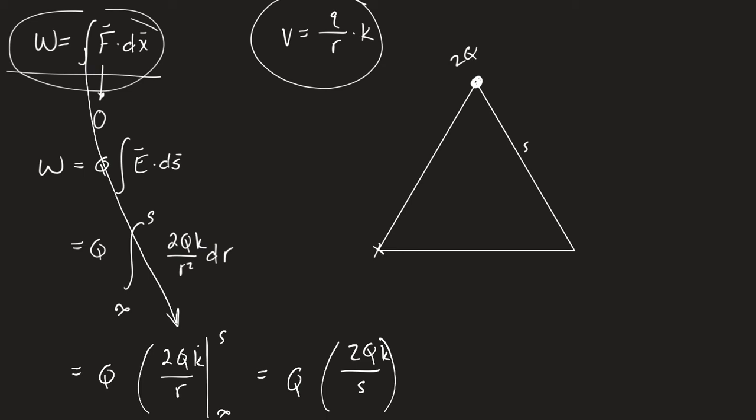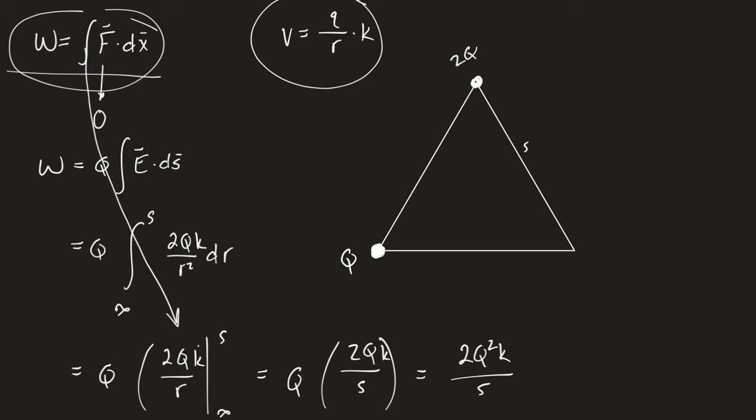So in bringing my charge here, I'll get 2q squared k over s is the amount of energy necessary to bring my 1q charge in from wherever it was to here. Now, energy adds together.